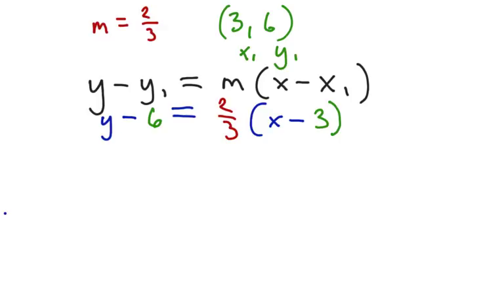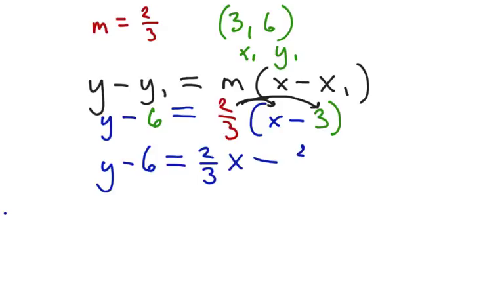Okay, so now I need to do a little distributive property between the 2/3 and the x and the -3, and I get y minus 6 equals 2/3 x minus 2/3 times 3.